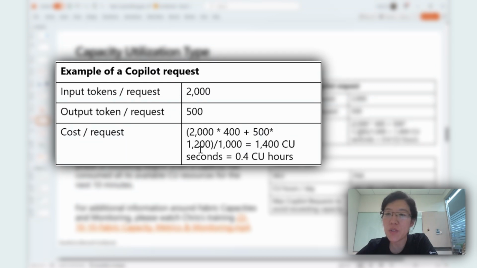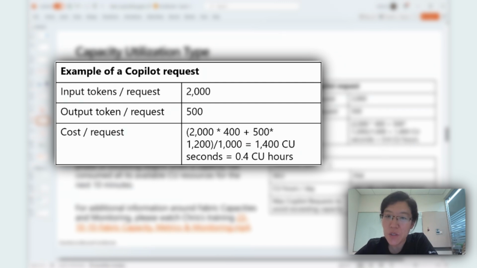Here is the total CU consumption for one request: the input tokens multiplied by the 400 CU input rate, plus the 500 output tokens multiplied by the output consumption rate, divided by 1,000 tokens. So your request costs 1,400 CU seconds, which is about 0.4 CU hours.